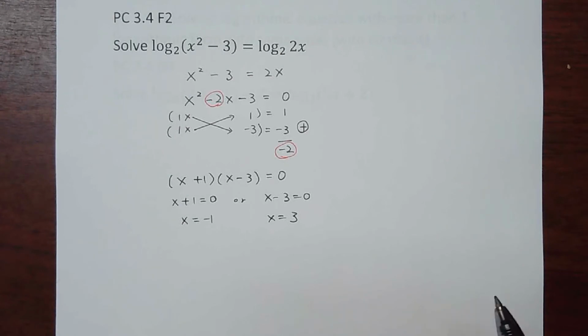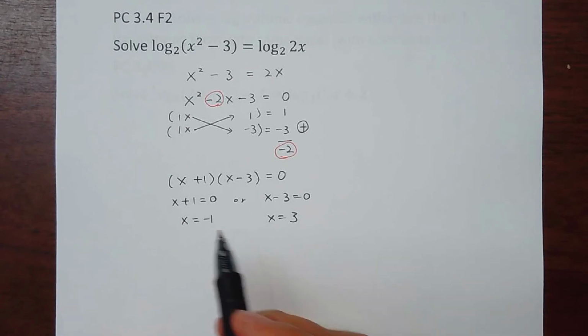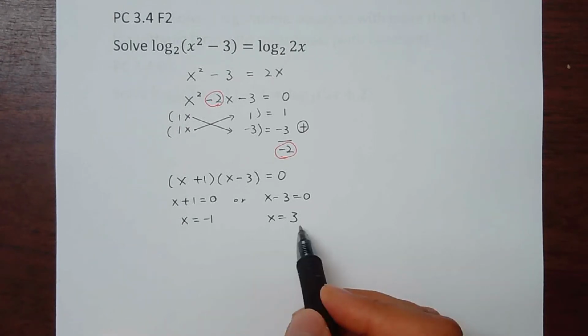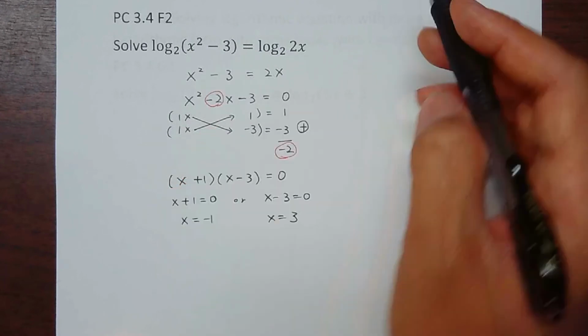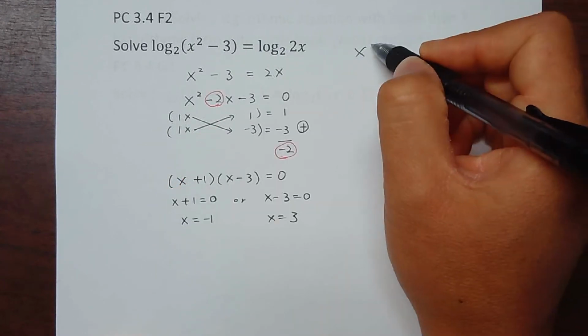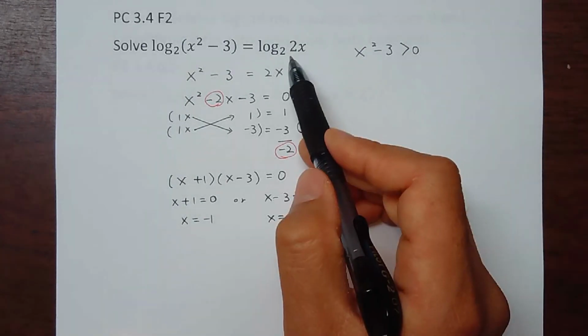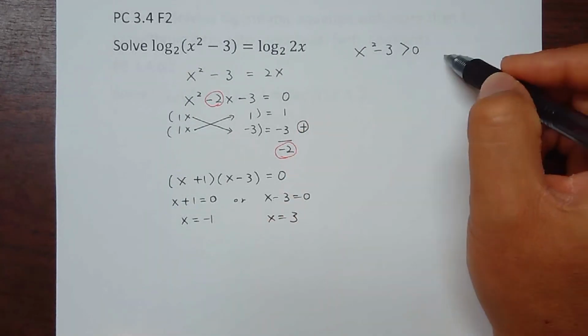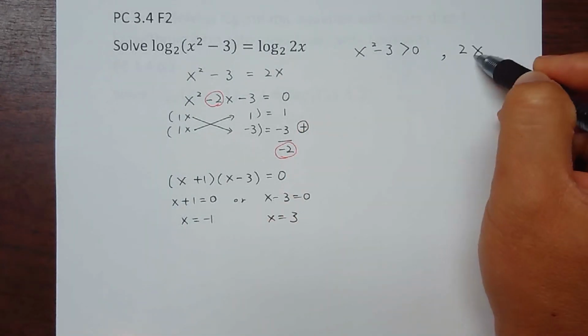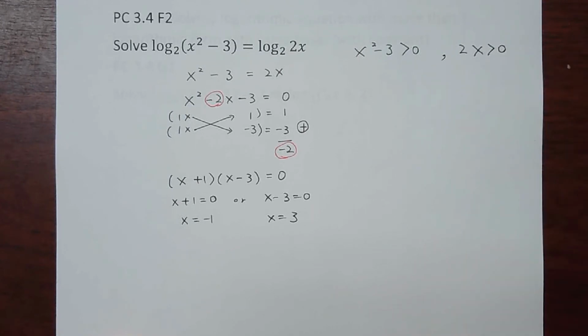Again, do not forget checking the final answer against the constraint of the domain. The inside of the log expression should be positive. There's another log, so 2x also should be positive.